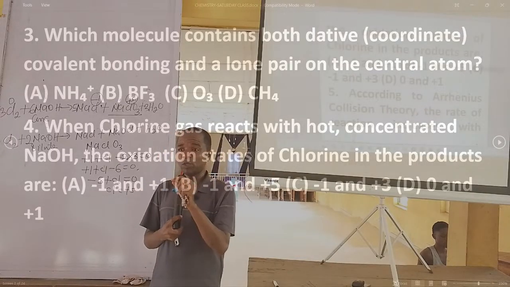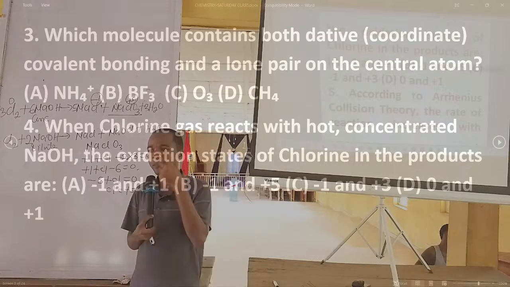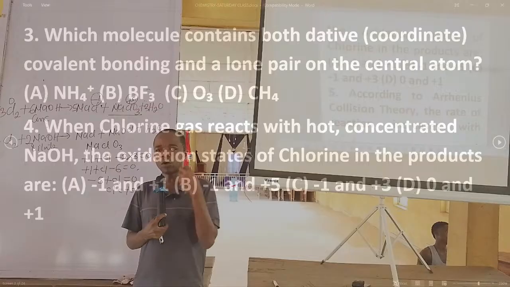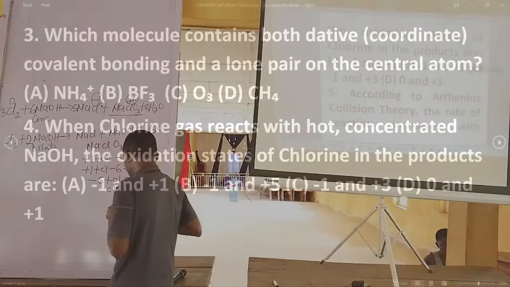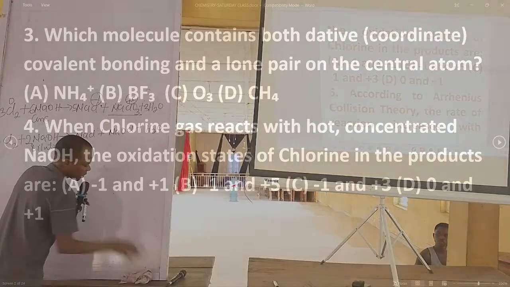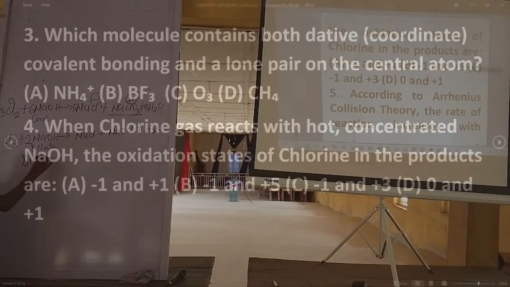In chemistry, we refer to such a reaction as a disproportionation reaction, or you call it an auto-oxidation reaction. Once again, a reaction in which a particular element undergoes simultaneous oxidation and reduction is called a disproportionation reaction.